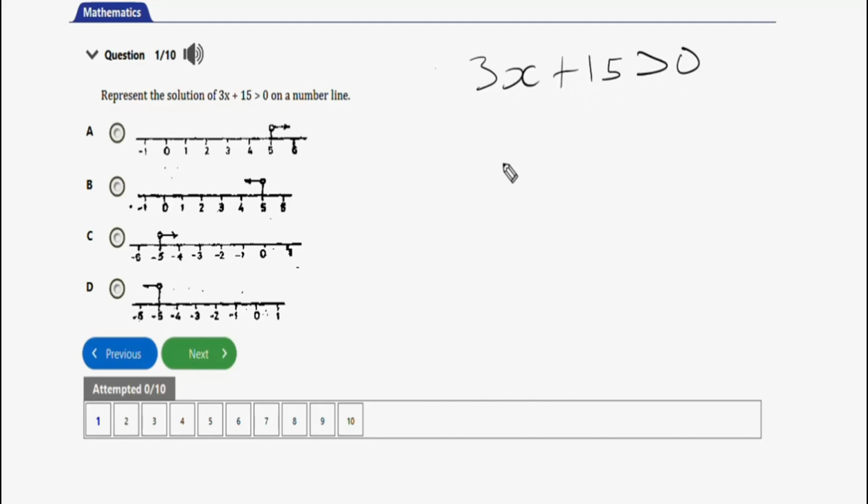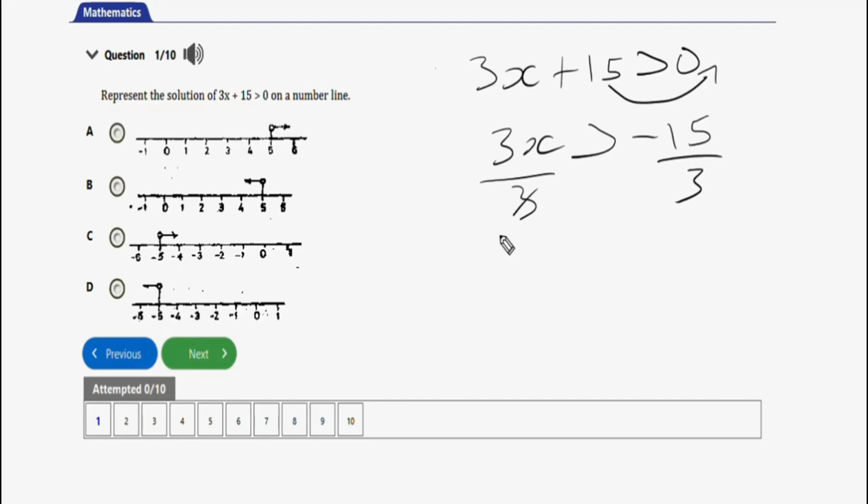So let's make x the subject formula. This 15 comes over the inequality sign, changing to negative 15. So we have 3x is greater than negative 15. Divide both sides by 3. So your x will be what? Negative 5. So x is greater than negative 5.